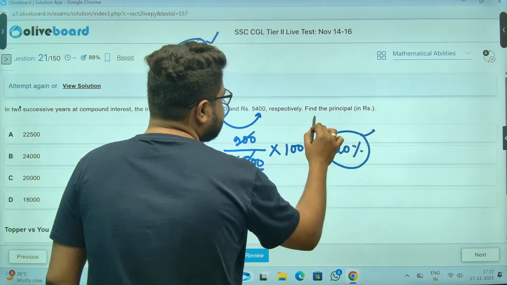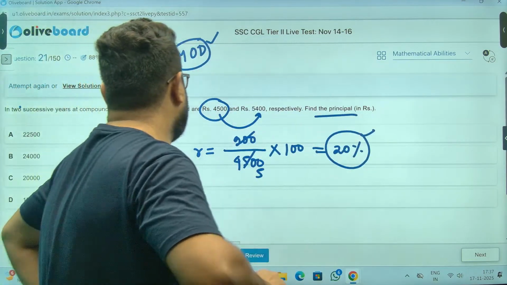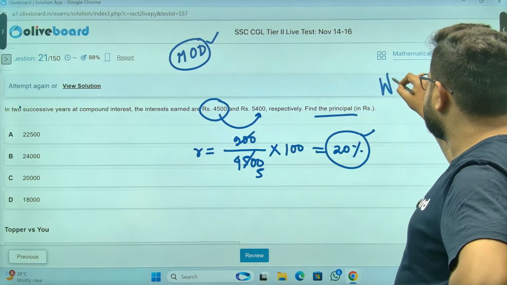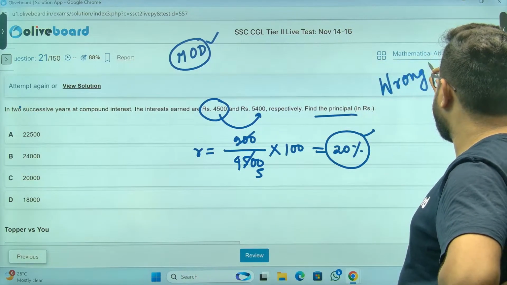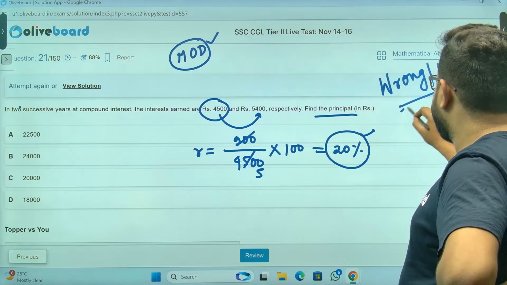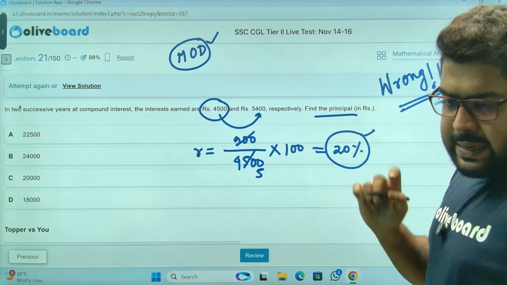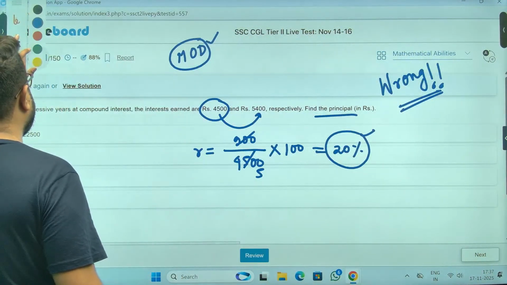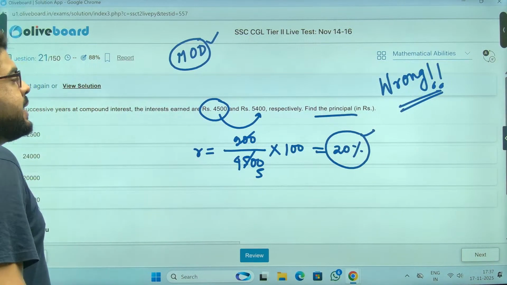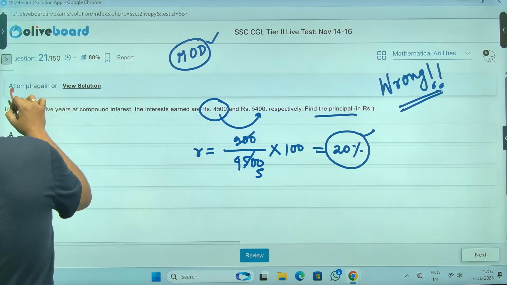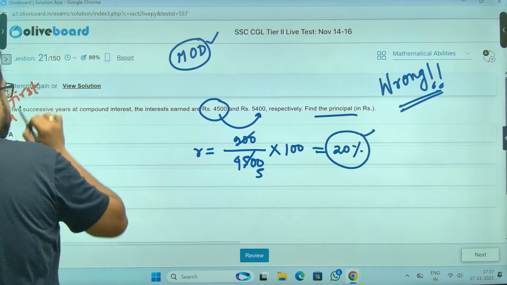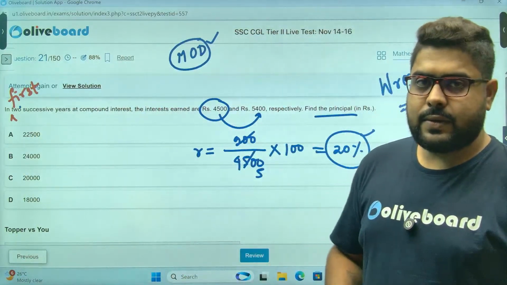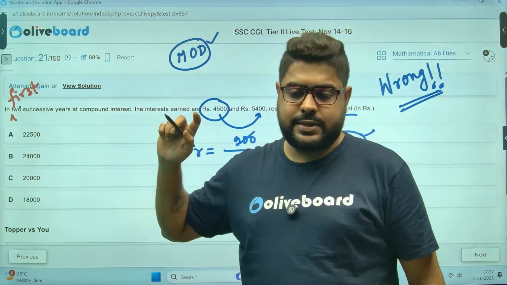They are asking for the principal. This question is wrong. Understand why it's wrong? If it was said, correct it, in the first 2 consecutive years, this is this, then the question is correct. They have to give you which 2 years.